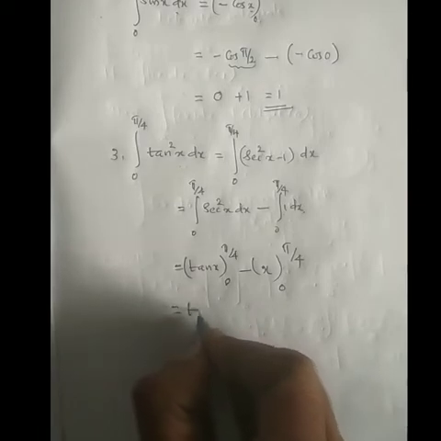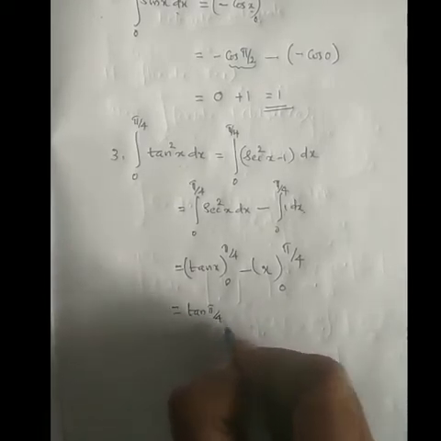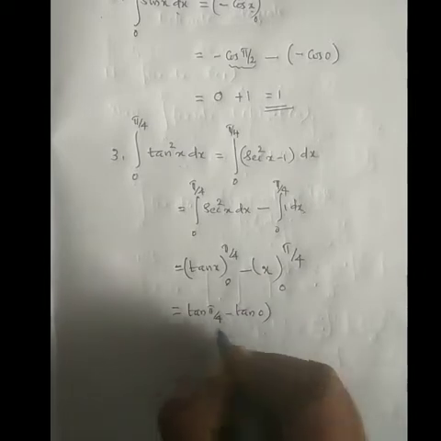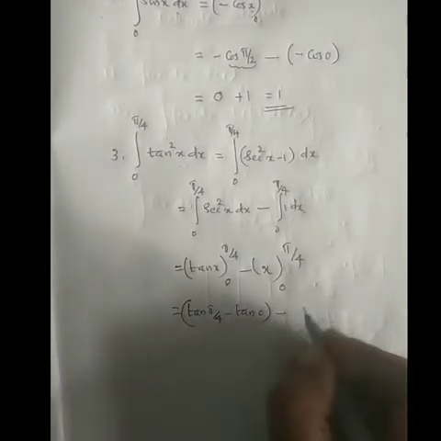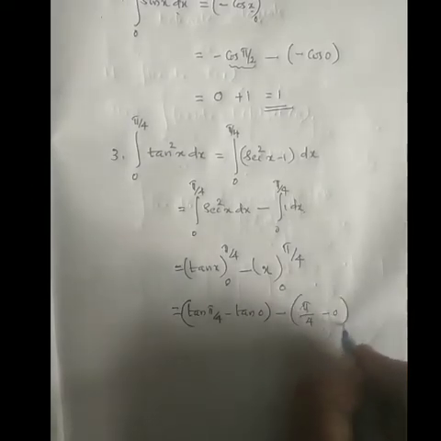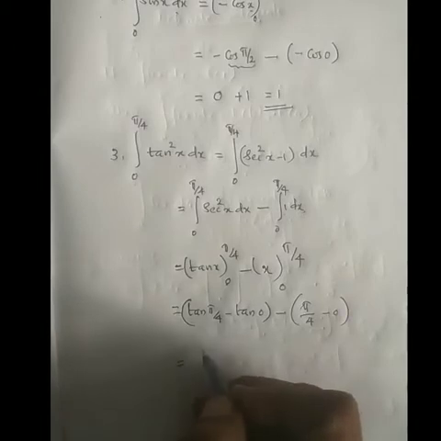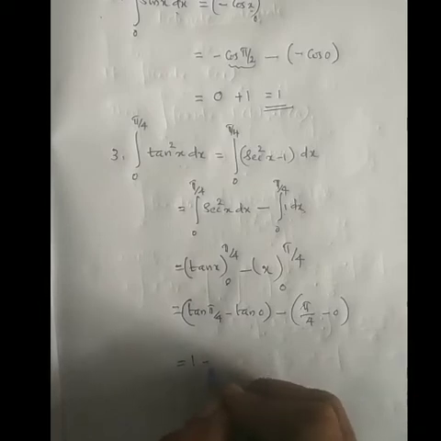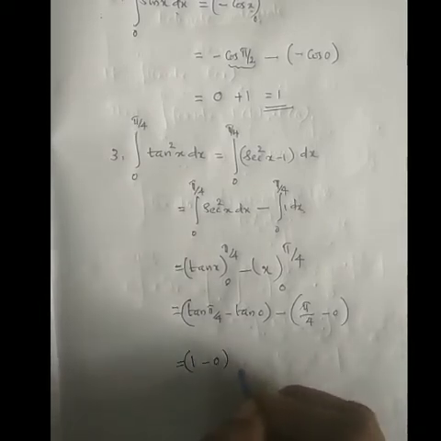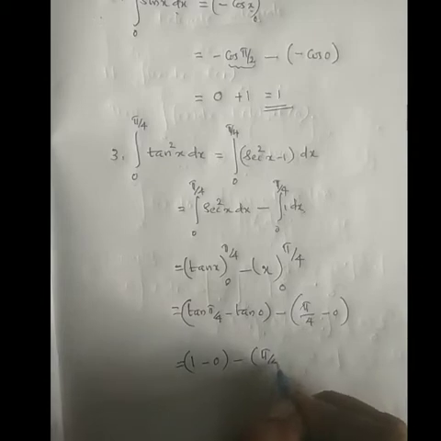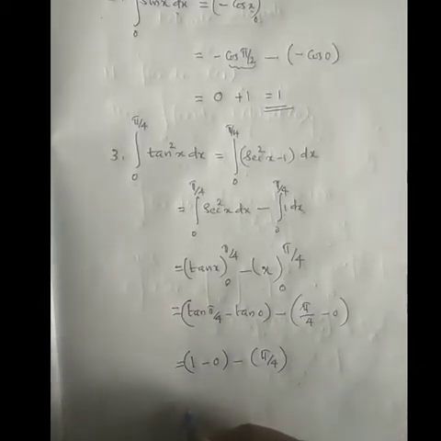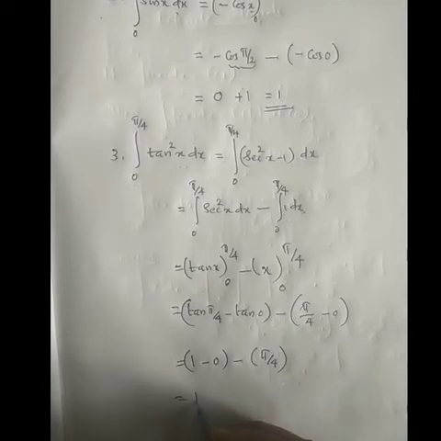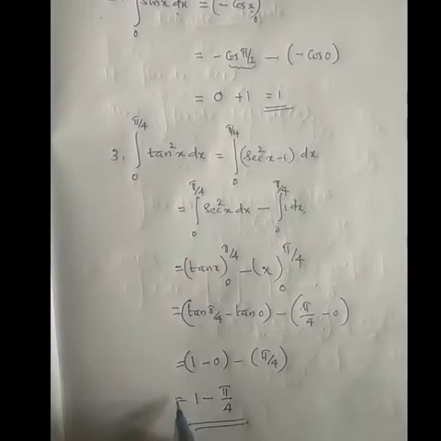That is tan pi by 4 minus tan 0 minus pi by 4 minus 0. Tan pi by 4 is 1 and tan 0 is 0, minus pi by 4. On simplifying we get 1 minus pi by 4. The answer is 1 minus pi by 4.